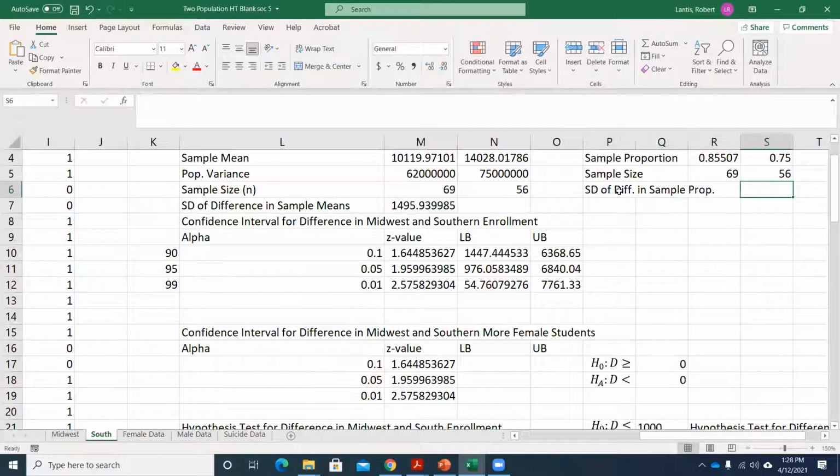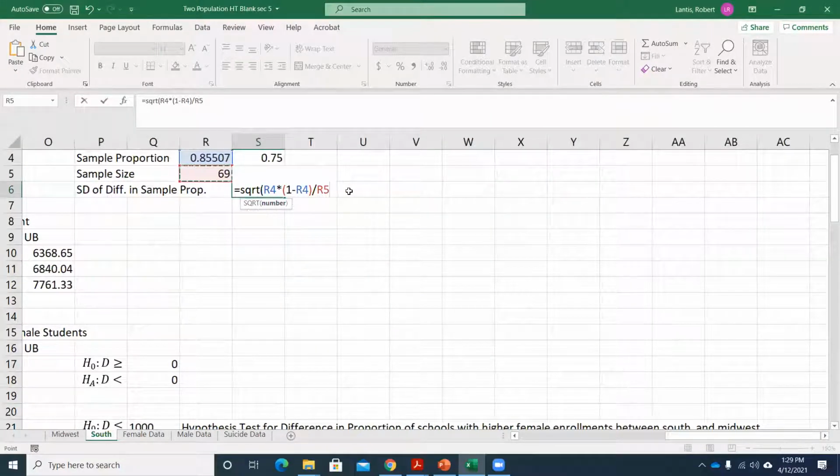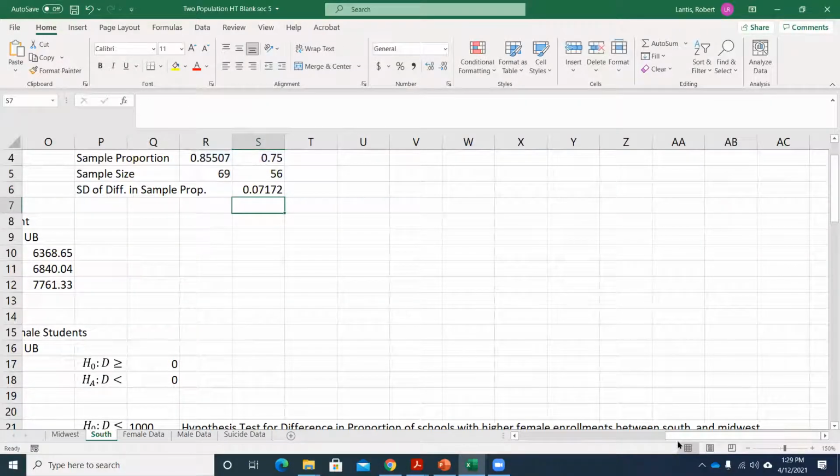That was simply the square root of each sample proportion times 1 minus that proportion, divided by the sample size, and then add to that the second group's sample proportion times 1 minus that group's sample proportion, divided by their sample size. So I just calculated that intermediate step up here in this other cell.